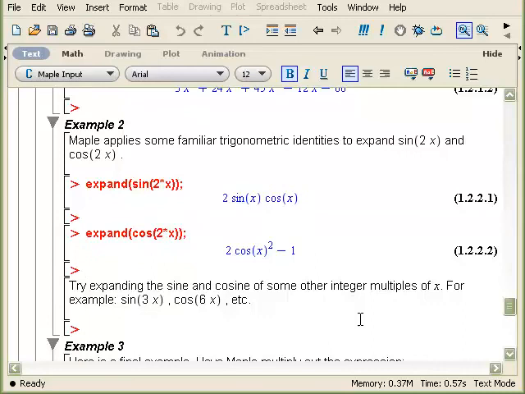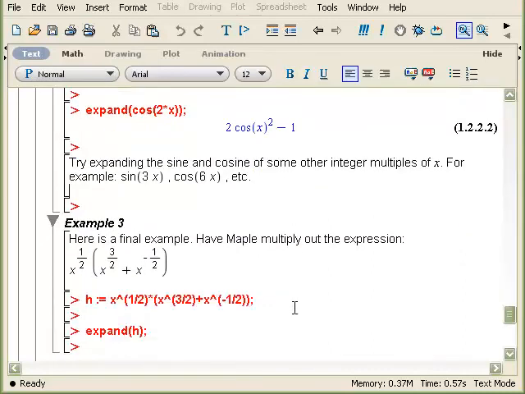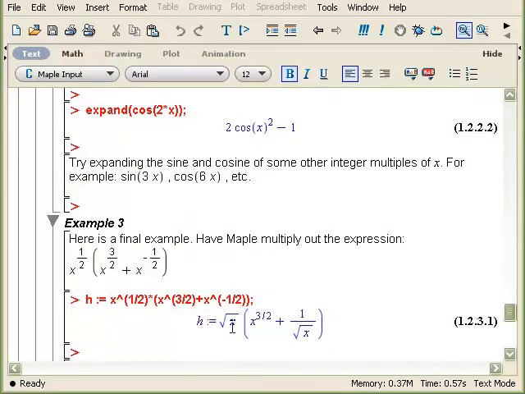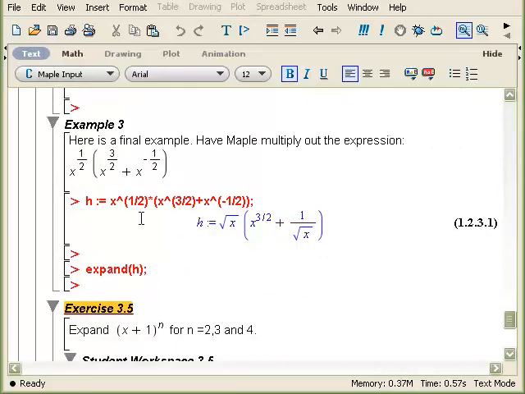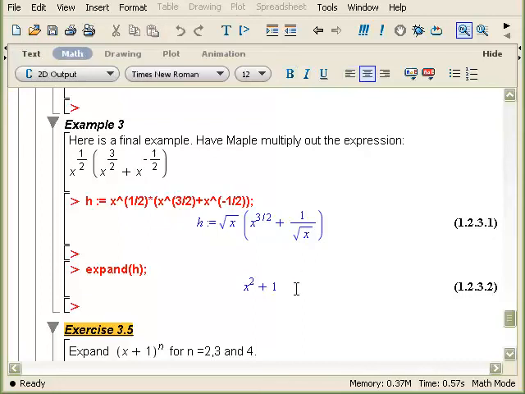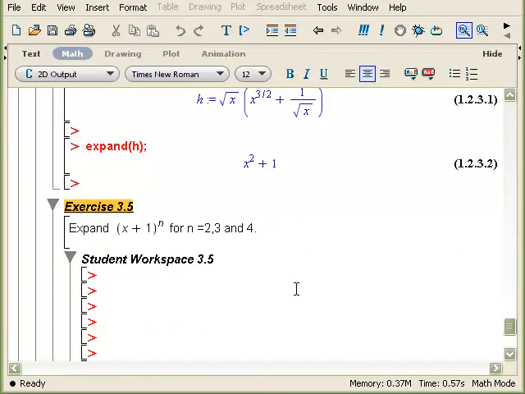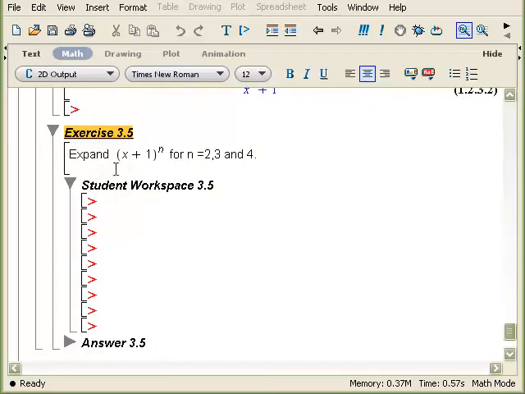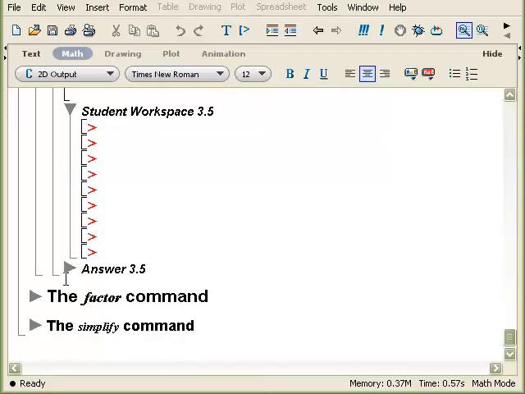For cosine 2x it is 2 cosine square x minus 1, like that. If you have some fractional powers, then it shows like that, and expand is really kind of multiplying one by one and arranging it like this. So the following exercise, please try to do this.